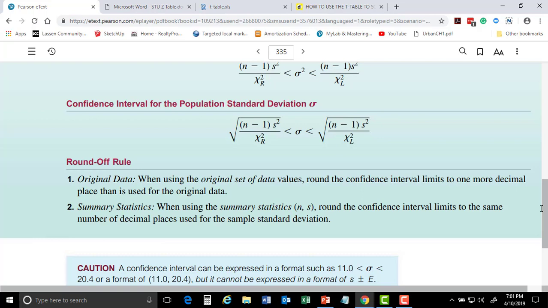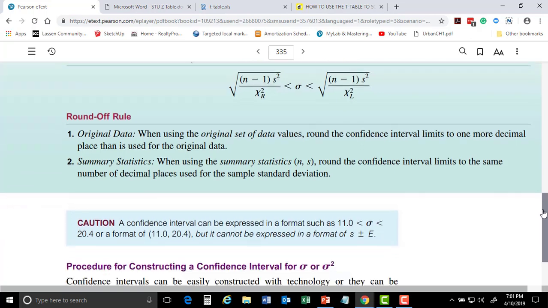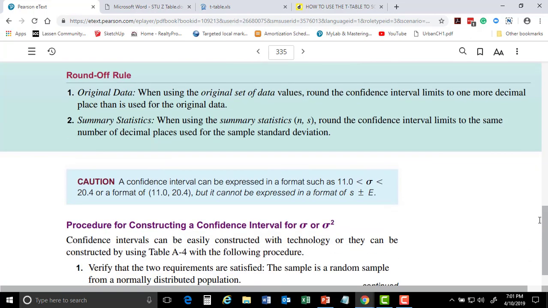Well, we don't have plus and minus, but we still have our sample deviation on both sides. So it's still being bounded by sample statistics. Okay? And then you also don't have your mean. Well, not now, because we're talking about strictly the deviation, not the sample mean. That's why we're not using it. Okay, I guess that's it.